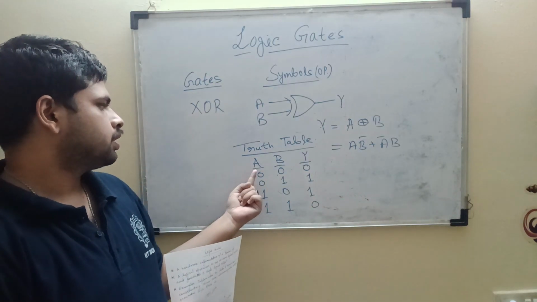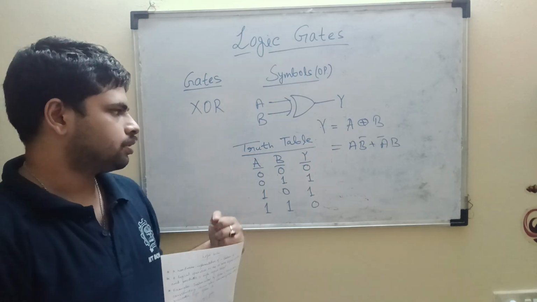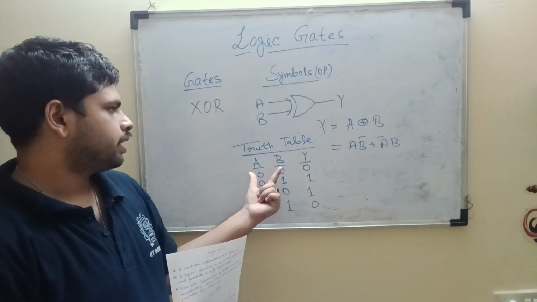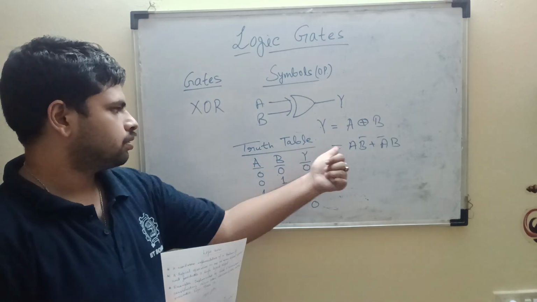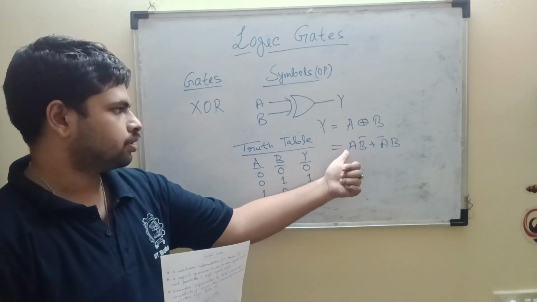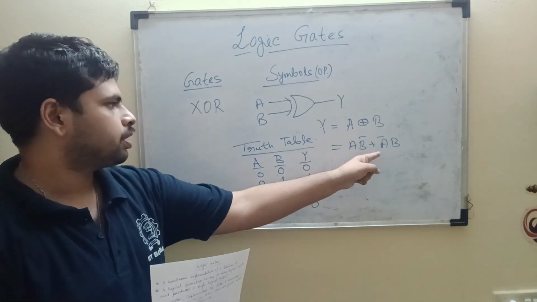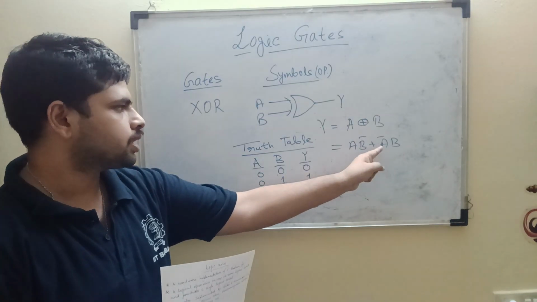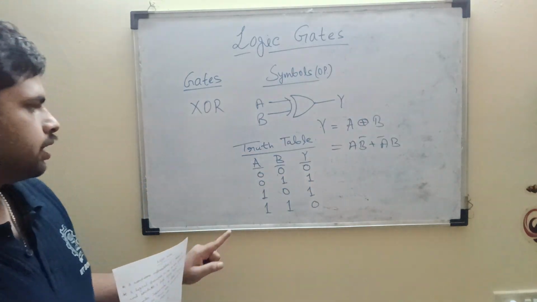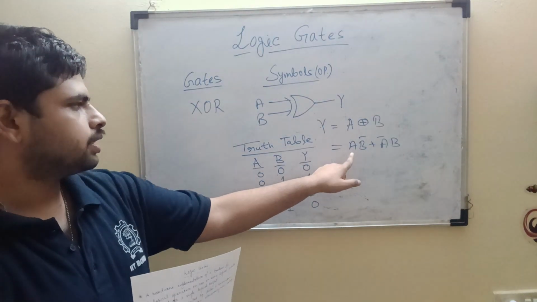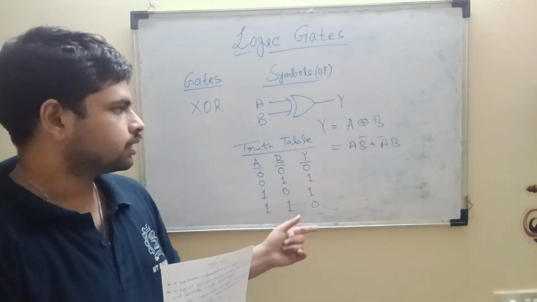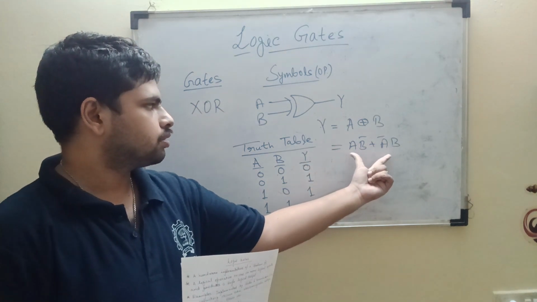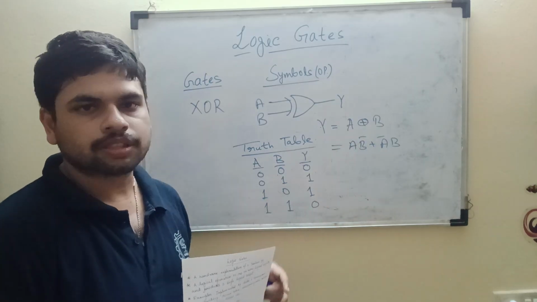A bar is 1, B is 0, so 0 plus 0 is 0. Similarly for 0 and 1: 0 times 1 bar is 0, plus 0 bar times 1, where B is 1, 1 times 1 is 1, giving 1. Similarly for 1 0 it will give us 1, and for 1 1 it will give us 0. Okay, this is the actual operation of the XOR gate.